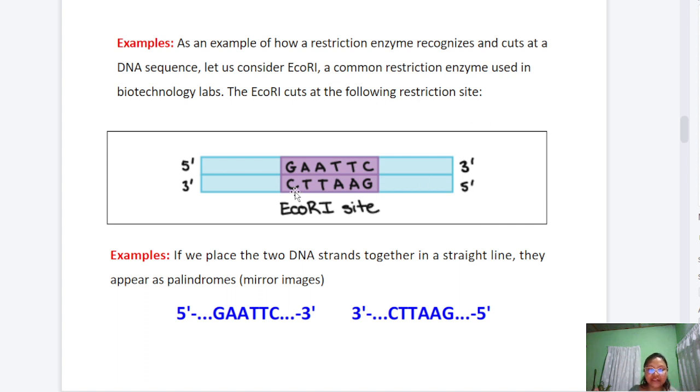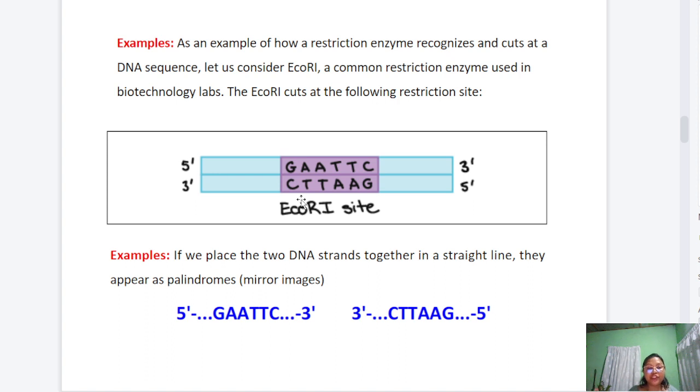If you look at the sequence GAATTC, which is on the strand of 5' to 3', in the reverse strand you can see it is CTTAAG from 3' to 5'. So this is the one highlighted in pink. It is the EcoR1 site.